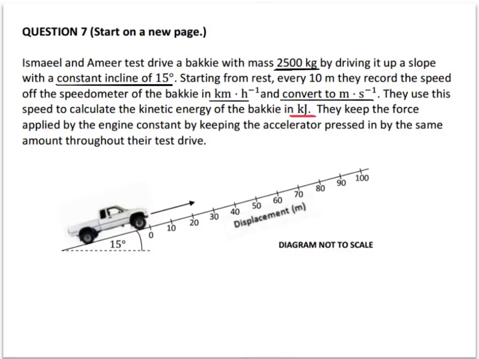The force is kept constant by keeping the accelerator pressed in by the same amount throughout the test drive. And here we have a diagram of the situation where every 10 meters, speed and kinetic energy of that bucky are recorded.